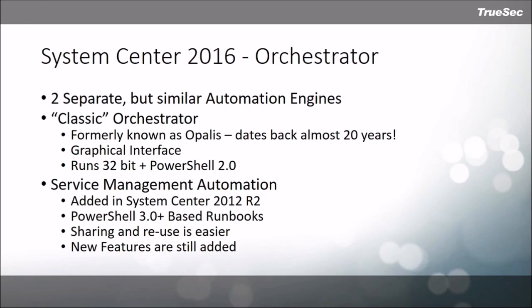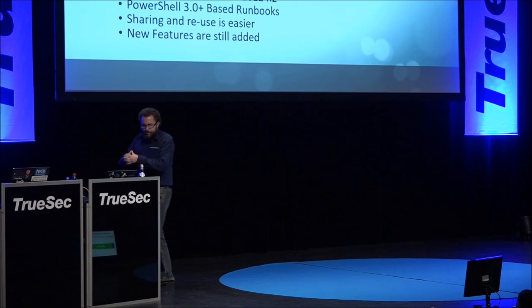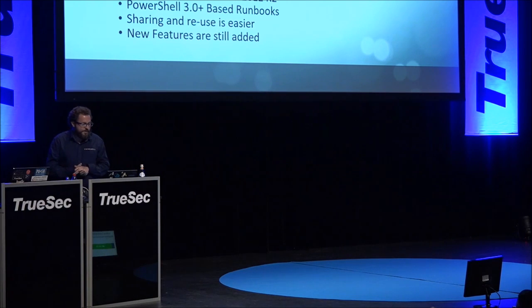The other thing is that since SMA arrived, and also Azure Automation, which I'll also introduce a bit later, new features are still added to SMA. I wouldn't expect many huge features to be added to the Classic Orchestrator because the focus is on the PowerShell-based automation. That's why most of my session will contain stuff about SMA.